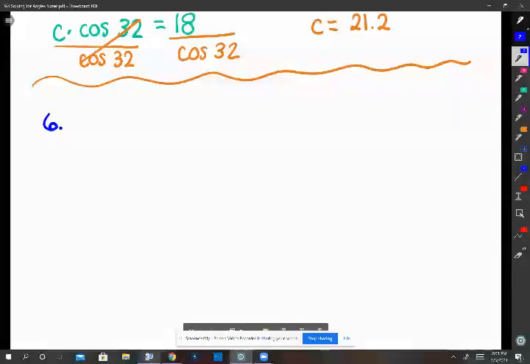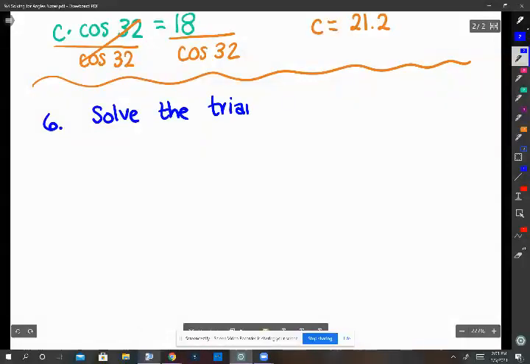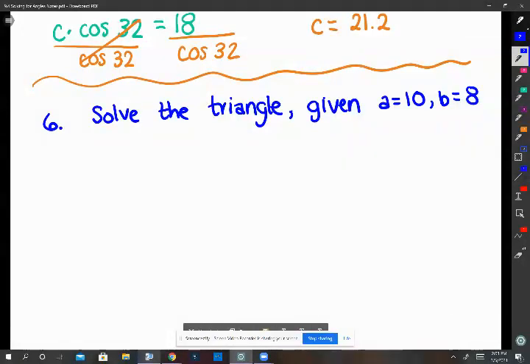They might say something like this: solve the triangle, given little a is equal to 10 and little b is equal to 8. It will probably say something like solve the right triangle so that you know it's a right triangle, but you're going to draw your triangle.